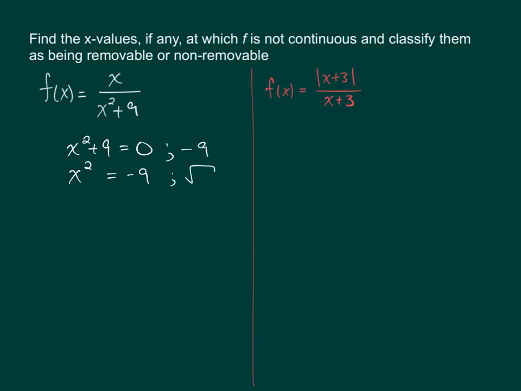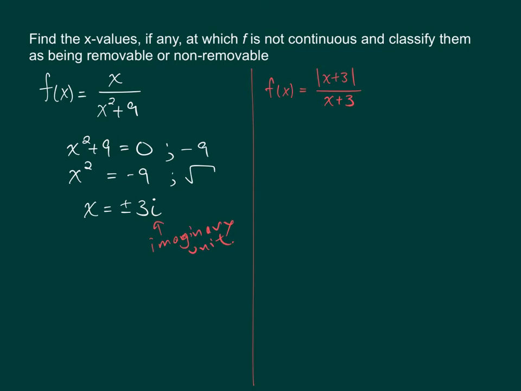Then we can take the square root of both sides and get x equals plus or minus 3i. Oh, that's weird. We get this imaginary unit here. We don't deal with these.